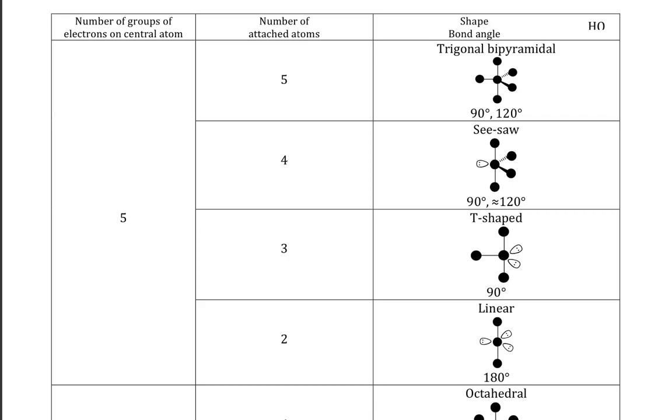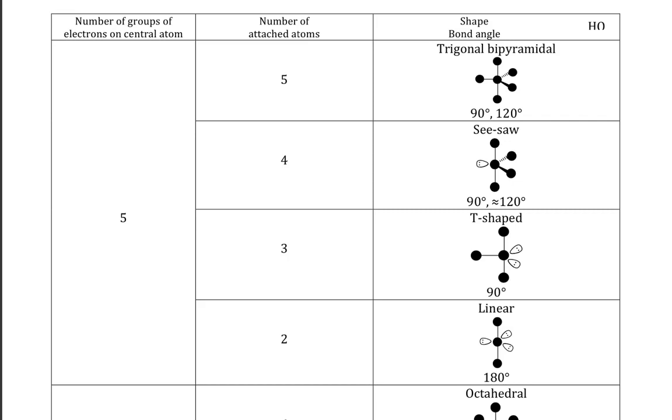You have trigonal bipyramidal. So it's like it's got that triangular base, but it's a pyramid above and a pyramid below. That's where the bi comes from. Those bond angles are 90 degrees as well as 120.